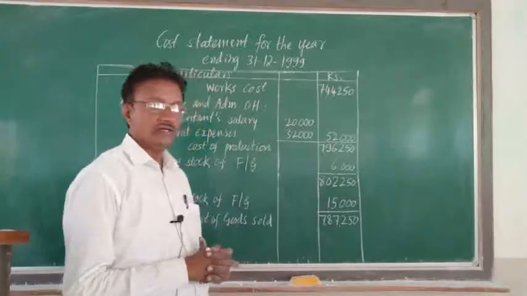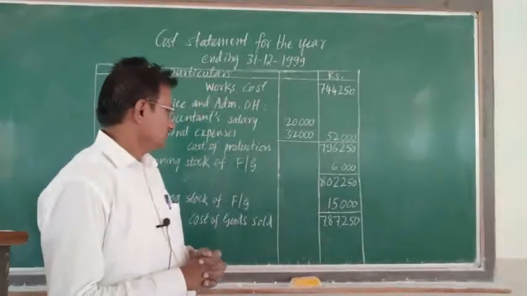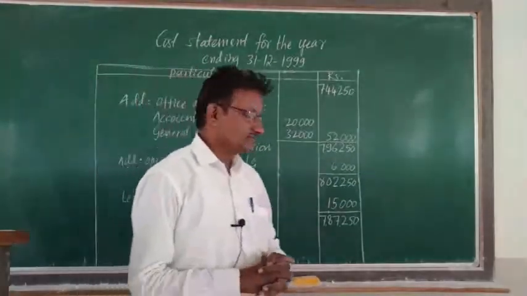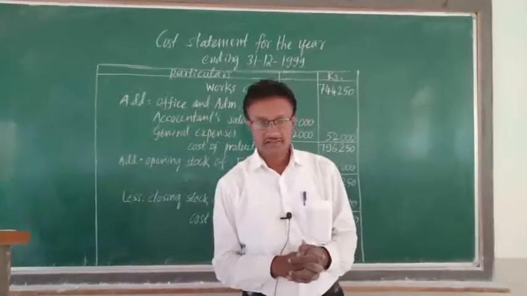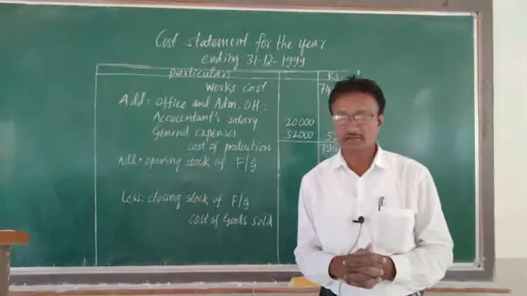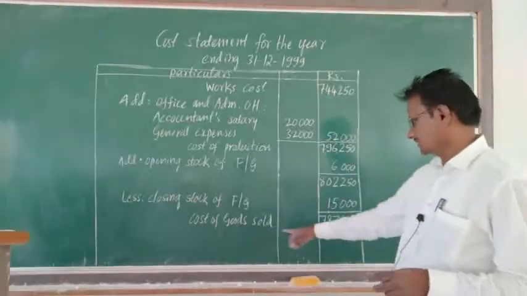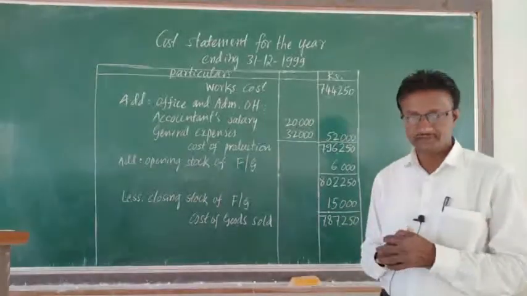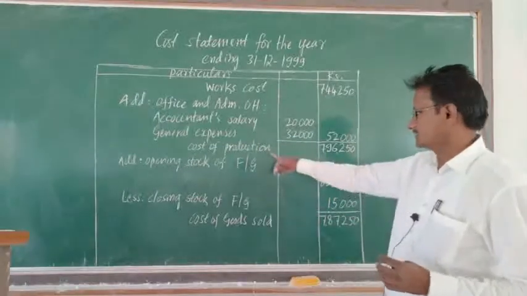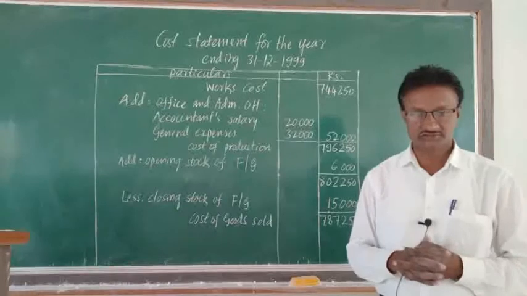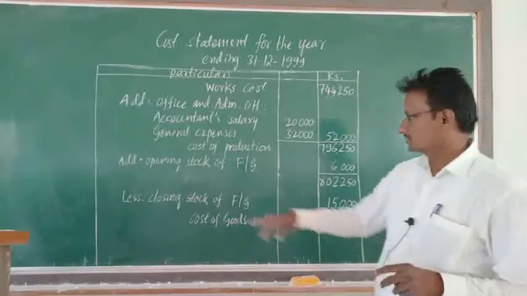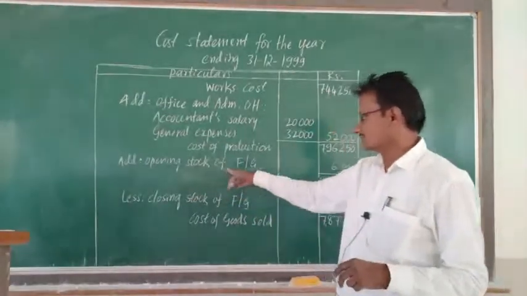Next, we have to add opening stock of finished goods and deduct closing stock of finished goods to get the cost of goods sold. Here, up to the stage of cost of production, raw material has been converted into finished goods. So we have to add opening stock of finished goods.